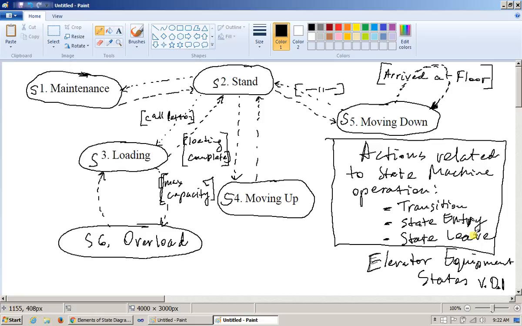You just say, arriving at the standing state, close the doors, right? So just a very simple rule. And when we can do things like that, those are very effective when we actually write the implementation. It's very, very helpful, right? So that's yet another set of information that we want to consider. Actions. All right, so it's time for us to move to the next room and take a break.